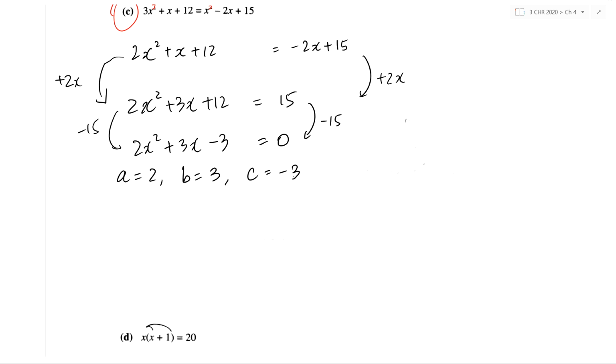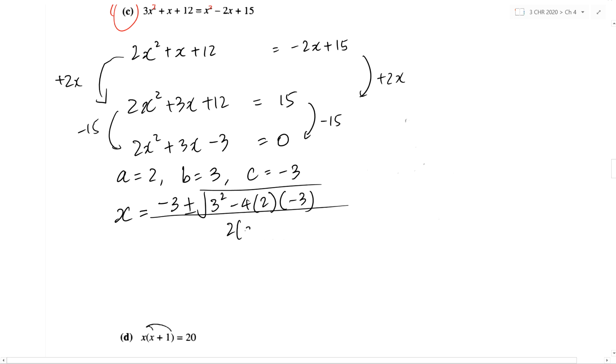Okay, now, formula. Very tired of writing it all the time. So, x equals minus b, okay, we just refer to this on the board. From here, you must write down x equals minus 3 plus minus square root of 3 squared minus 4 times 2 times negative 3, over 2 times 2.